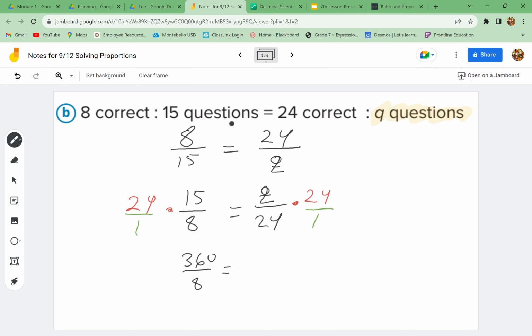And then on this side, I'm multiplying the variable here times this whole number. 24 times Q gives me 24Q, divided by, and then I multiply 24 times 1, which gives me 24. Next thing I want to do is divide. 24 divided by 24 gives me 1 whole. So I get 1Q.